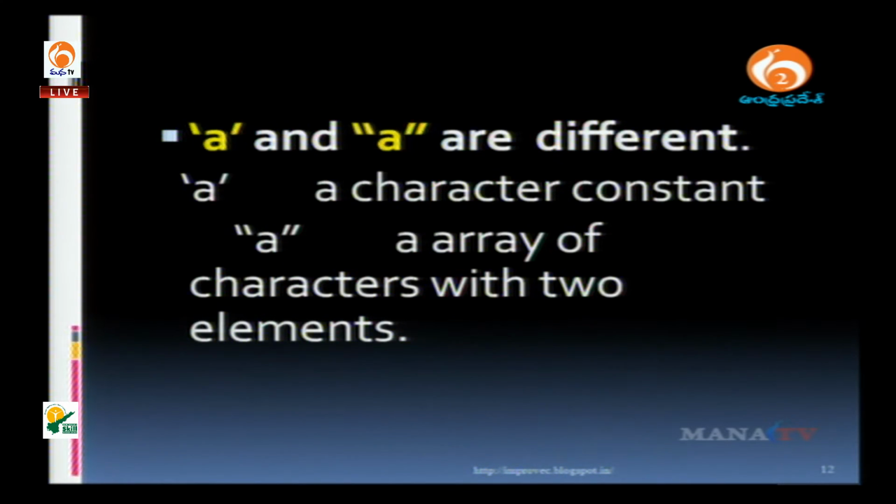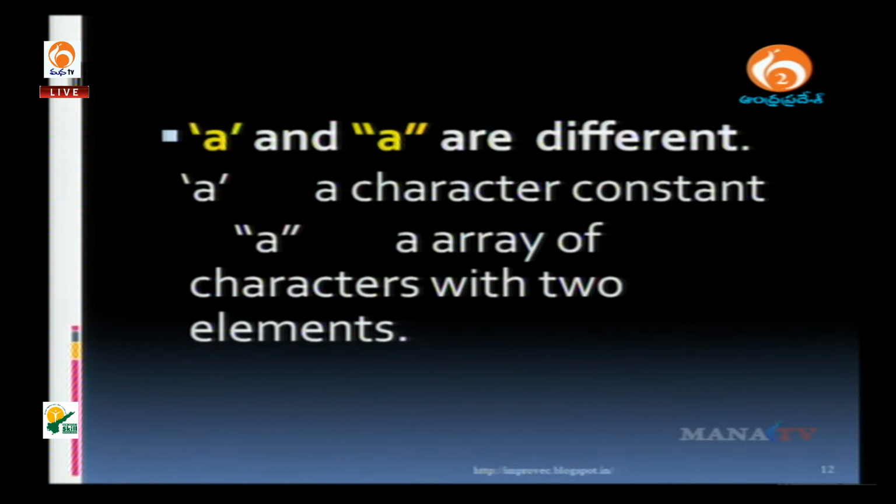'A' and "A" are different in strings. Here 'A' means only a character constant, double quotes "A" means it is a string, an array of characters with 2 elements, meaning 'A' and \0.